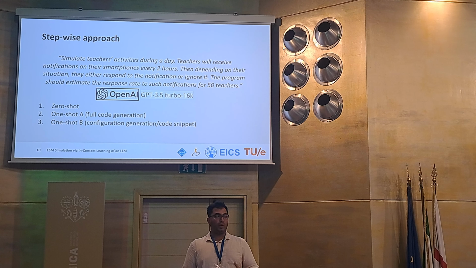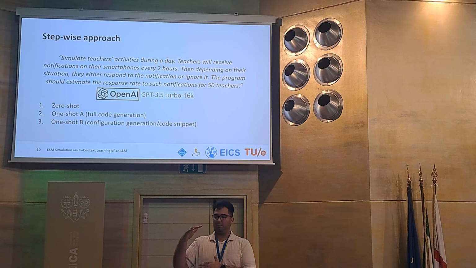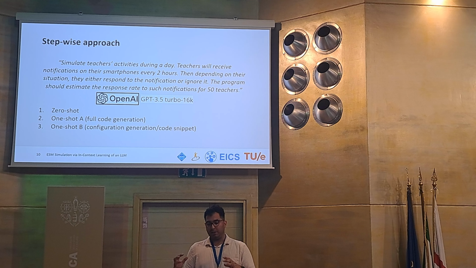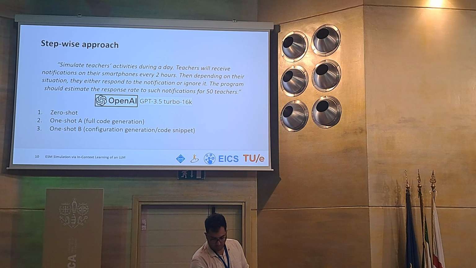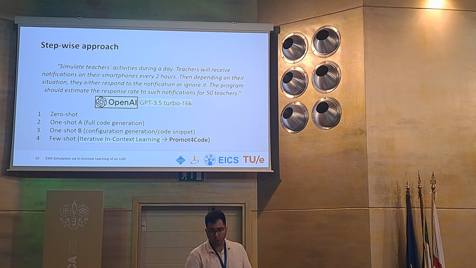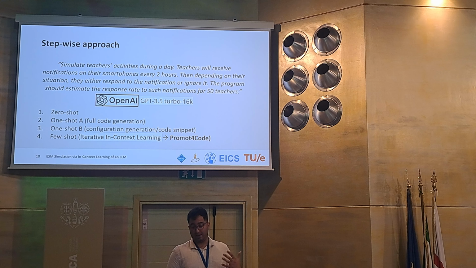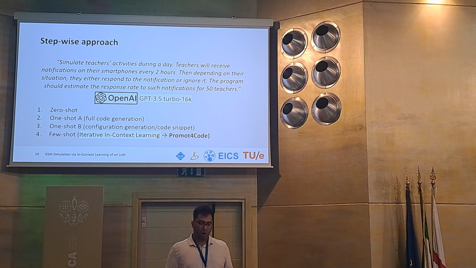Then we took another approach for the one-shot prompting, with a tight structure, and we just wanted the GPT to program a specific snippet of that whole structure. And lastly, we wanted to do few-shot. We wanted to give as many examples as we can to the model, which we call iterative in-context learning.